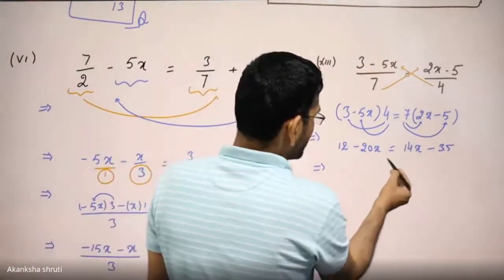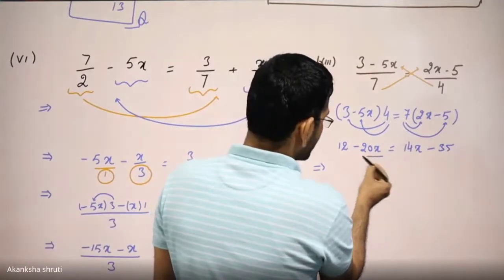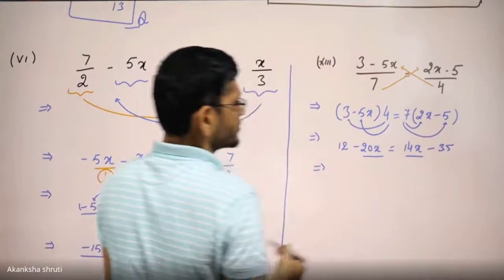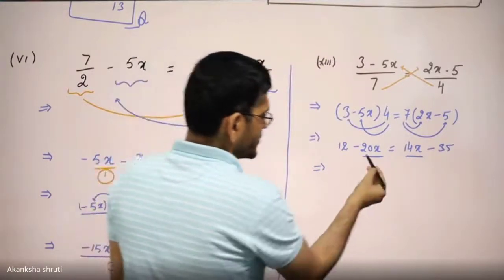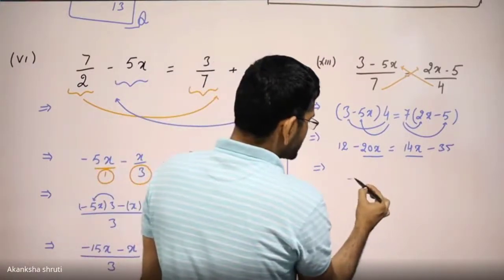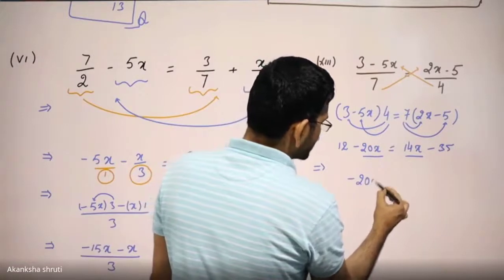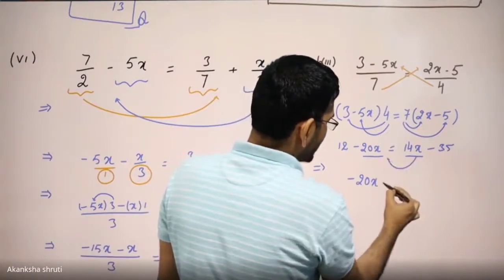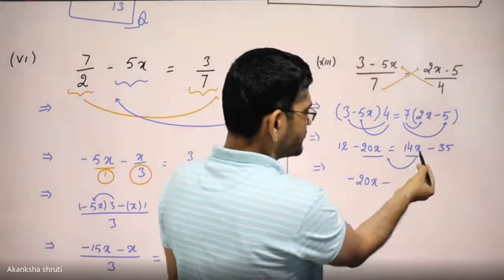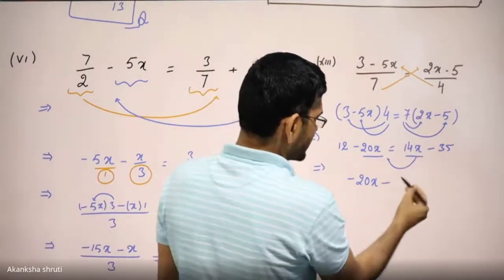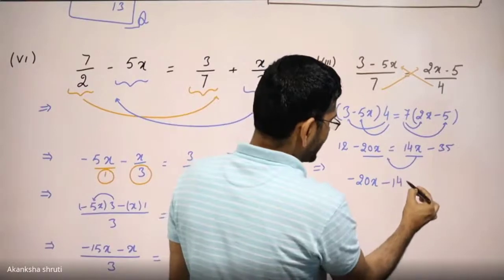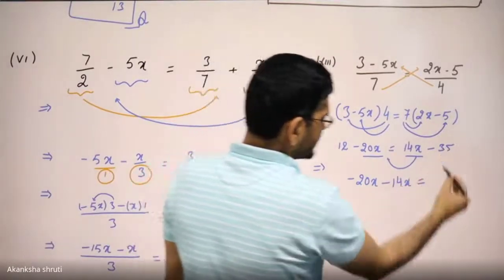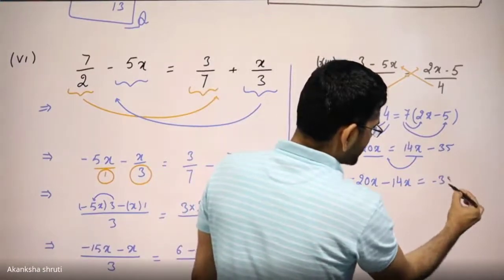We have to keep all the variables on one side and constants on the other side. So minus of 20x, students, you may keep this minus of 20x on the left hand side. Bring this 14x to the left hand side. The default sign of 14x is positive, so when it comes to the left hand side, it will become negative of 14x. Now what was on the right hand side, minus of 35, you keep it.